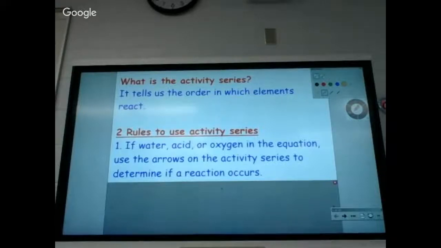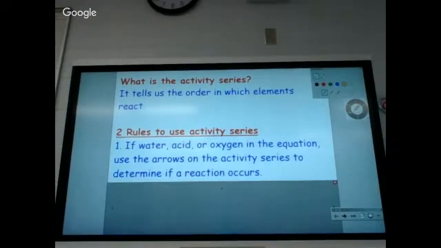So if water, acid, or oxygen is in the equation, you have to use the arrows on the activity series to determine if the reaction occurs.